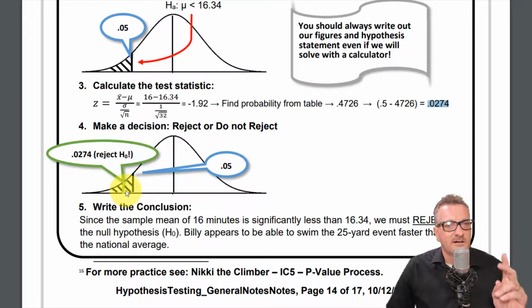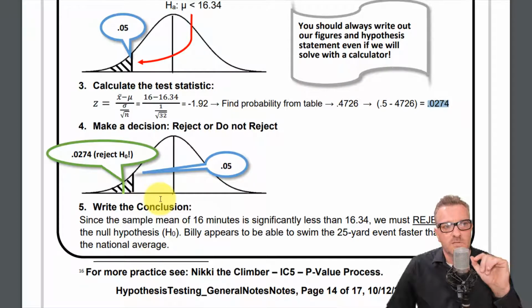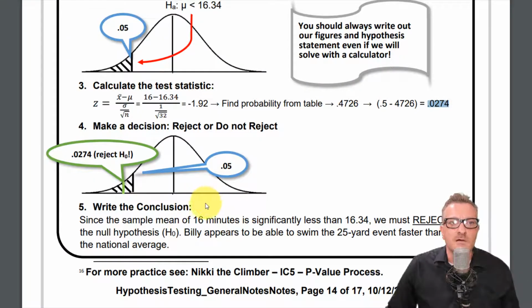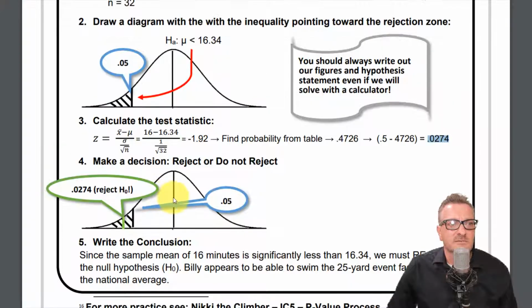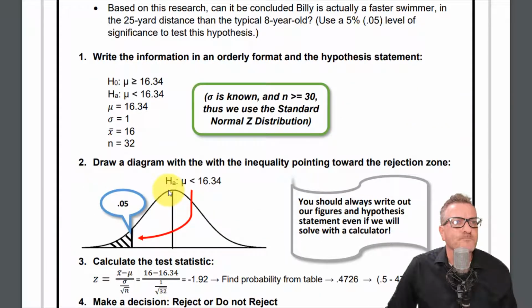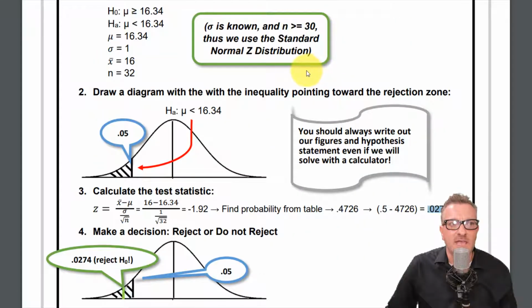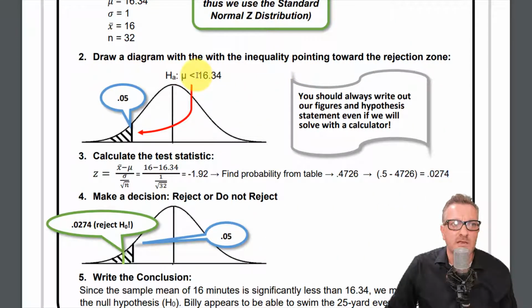Your calculator, I believe, will give you the p-score when you do this. So that's one way that we do it. When we were talking about continuous probability distributions, we talked about when we subtract and when we don't. The reason we subtract is because this calculation gives us everything but what we want. We are looking for Billy swimming faster, which means less, and our inequalities point to the left.